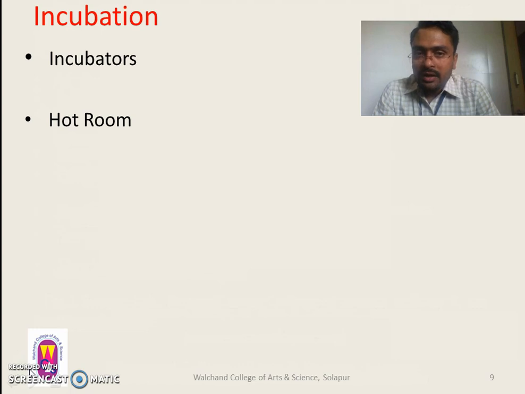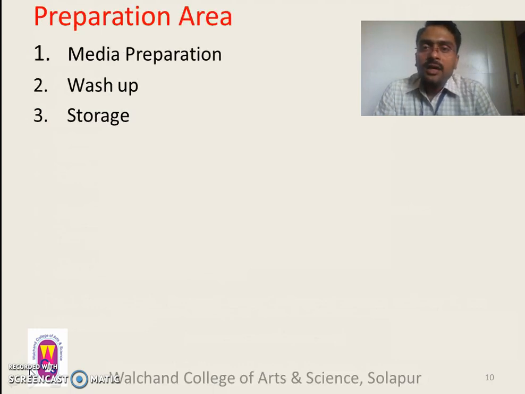After placing the culture for incubation, we shift towards another part of the laboratory where the preparation area is present. In this preparation area, three different parts are present: the first is media preparation, the second is the wash-up, and the third is the storage. In the media preparation area, we prepare the artificial synthetic medium which is used for the growth of the animal cells.